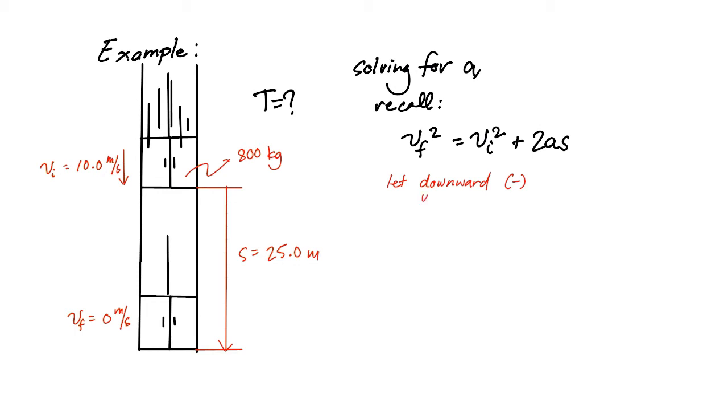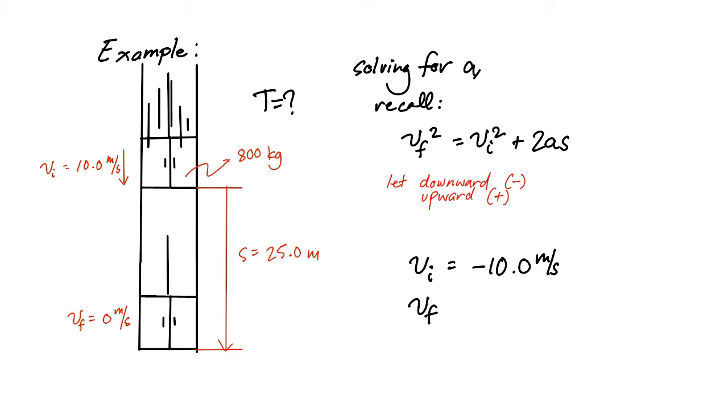And then, yung upward naman na motion, we will assign it with a positive sign. So, this makes our initial velocity Vi, instead of 10 meters per second, since downward siya, this will be 10.0 meters per second negative. So, negative 10 na siya.